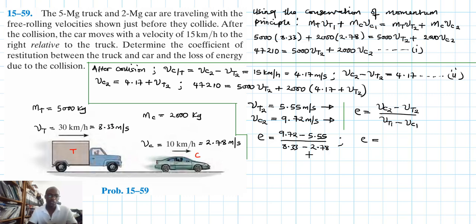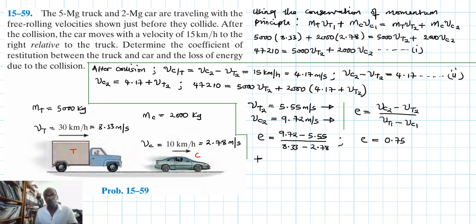If we calculate that, 9.72 minus 5.55 divided by 8.33 minus 2.78, this gives us 0.7513.